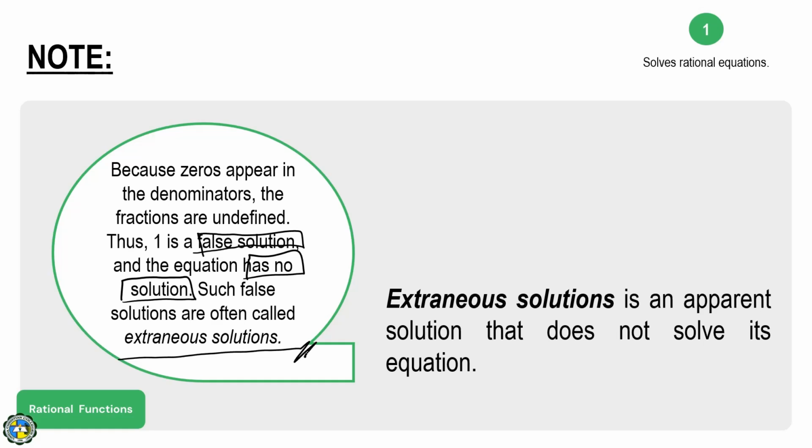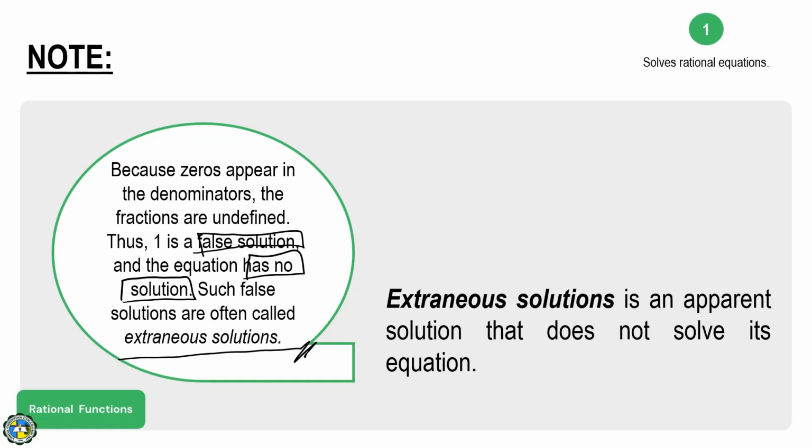Remember, it is not only 0 that can make our solution extraneous. Most likely, we solved for the value of x, but when we checked it, it does not work. The solution does not fit in, or it does not satisfy our equation. Then, therefore, we can tell that it is also an extraneous solution, because it is a false solution. So, not only 0 can make a solution extraneous, but also when the value of x does not satisfy the given equation.